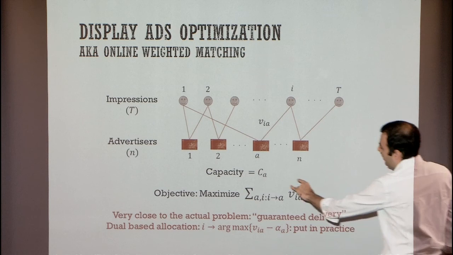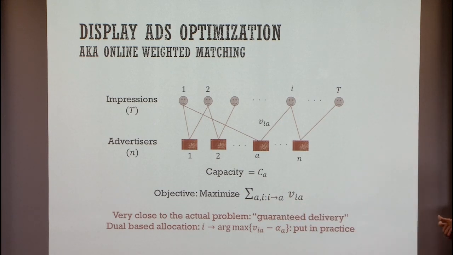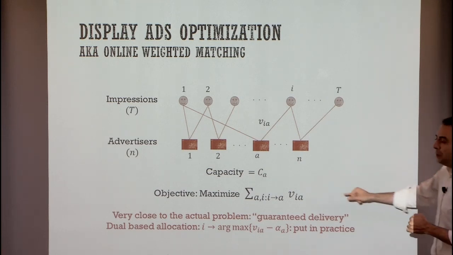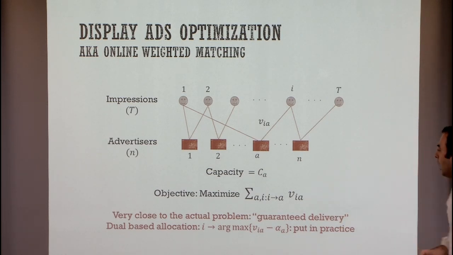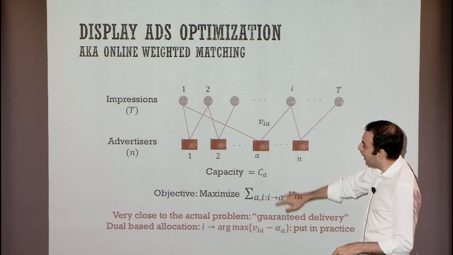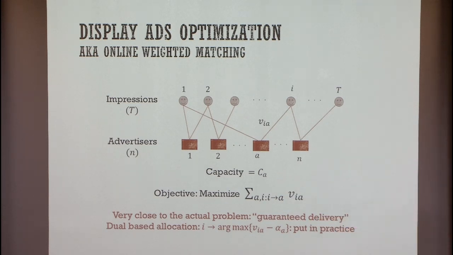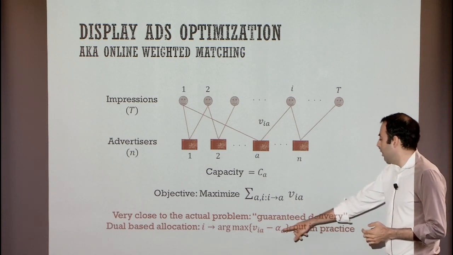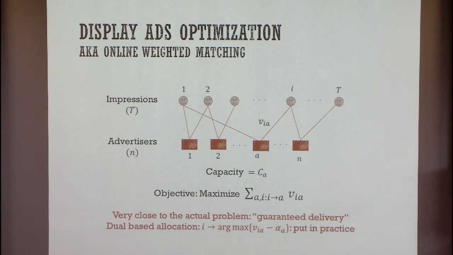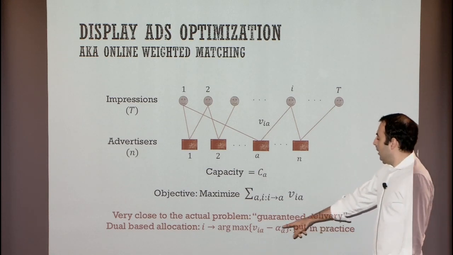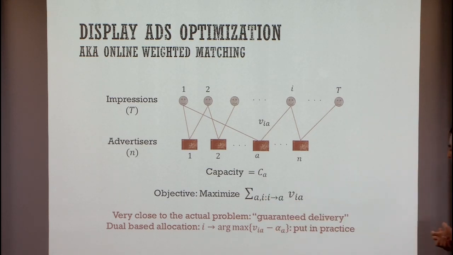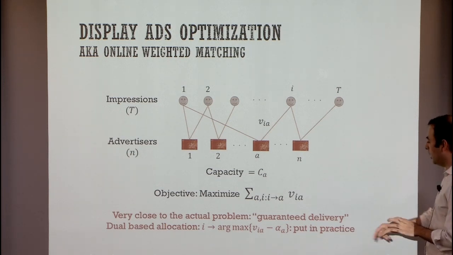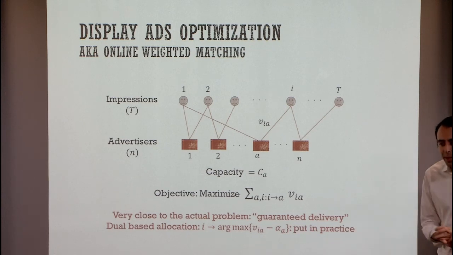Now, the capacity is fixed, but you're trying to maximize the value of the ads for your customer, and the value depends on the characteristics of the user. So it's a different packing problem, and a similar dual-based allocation can be applied here. Instead of a multiplicative normalization, you need an additive normalization, and it's actually put in practice the same way.